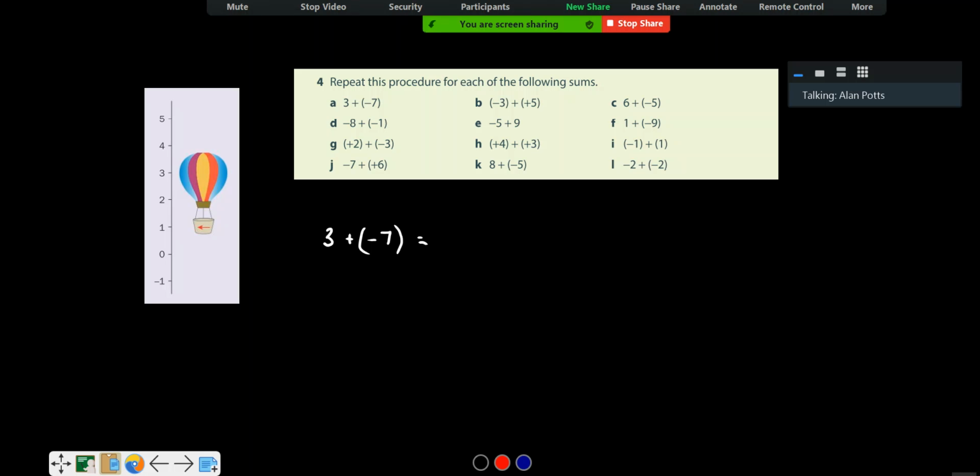Any ideas? Negative 4. You think that would be negative 4? After you raise your hand, what do you think it would be? Matthew? You think it could be negative 10? Any other options?